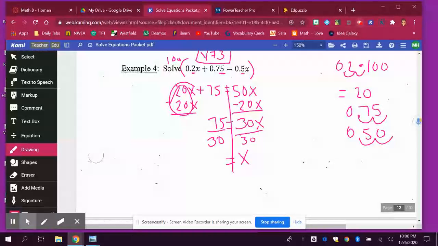And 75 divided by 30, we can simplify and keep it as a fraction, but because it was given to us as a decimal type equation, we can divide 75 by 30 and write our answer as a decimal.